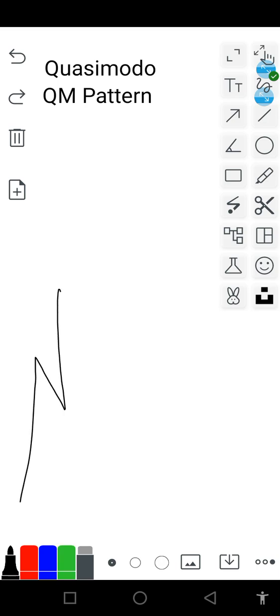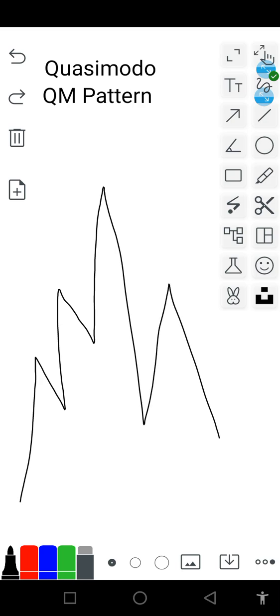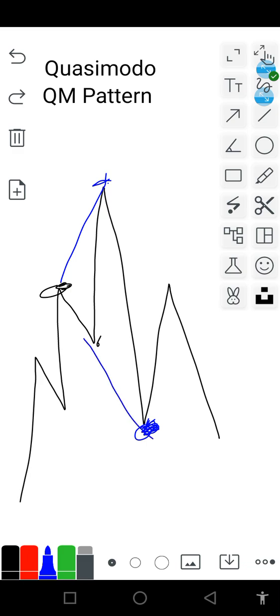This is a Quasimodo for a sell setup. So this is the left shoulder. How do we do it? We first of all draw from the top to here, and from this breakout, from this low to this low here.